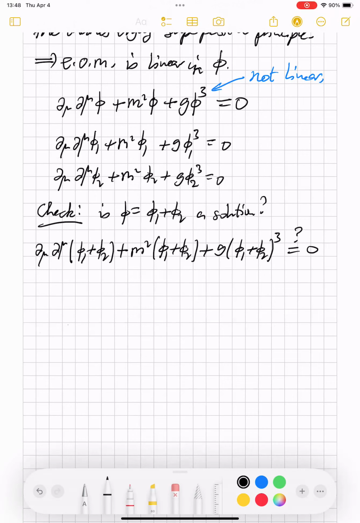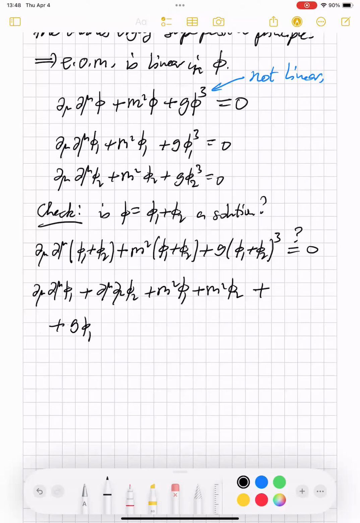So let's simplify this. Well, we've got d mu phi 1 plus d mu phi 2 plus m squared phi 1 plus m squared phi 2. And now from this last term, we've got g phi 1 cubed plus 3g phi 1 squared phi 2 plus 3g phi 1 phi 2 squared plus g phi 2 cubed.